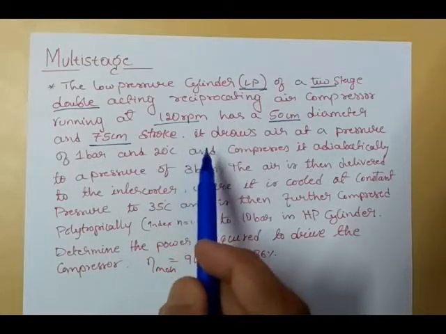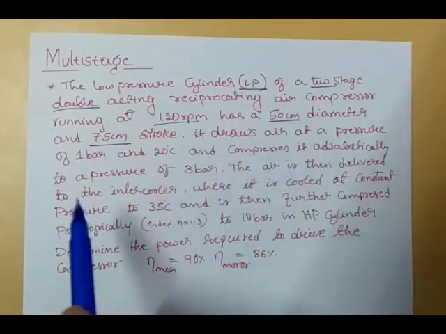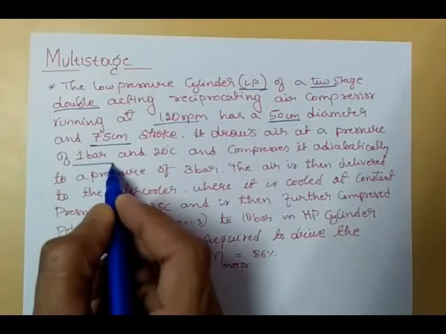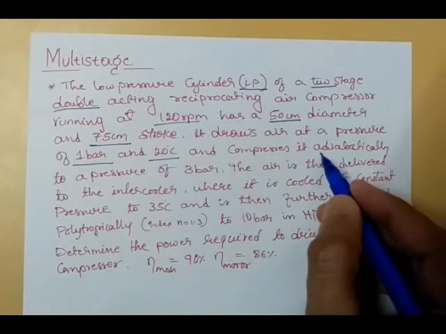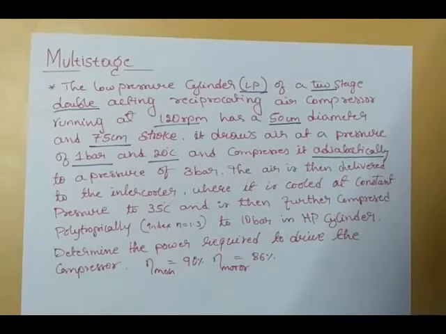Then it draws air at an intake pressure of 1 bar and 20 degrees centigrade, and it is compressed adiabatically. So this we have to identify: adiabatic compression, isothermal compression, polytropic compression.